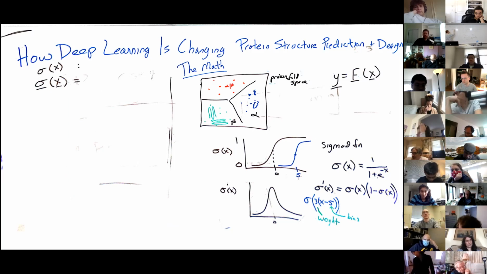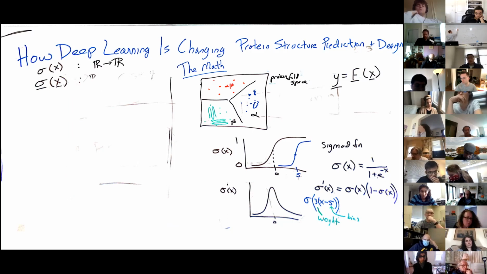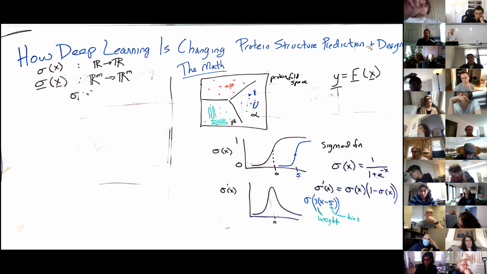For the vector, I want to take an m-dimensional vector and map it to an m-dimensional vector. Essentially we do that by having each sigma i of the vector x equal sigma of the particular element. So it's just an element by element sigmoid function. Each element we're going to take and put in that sigma.